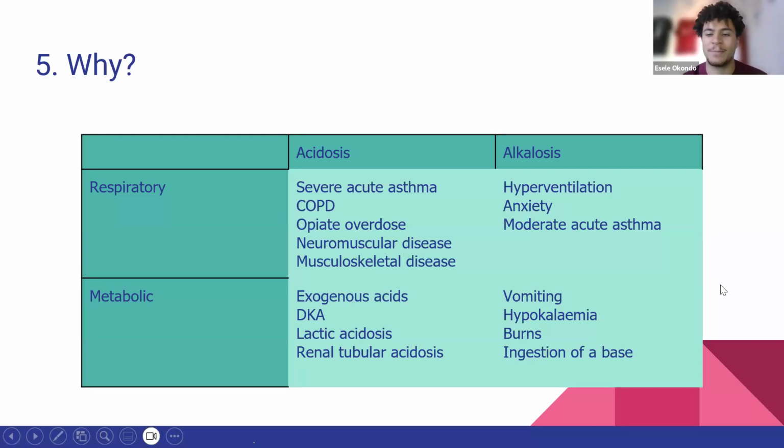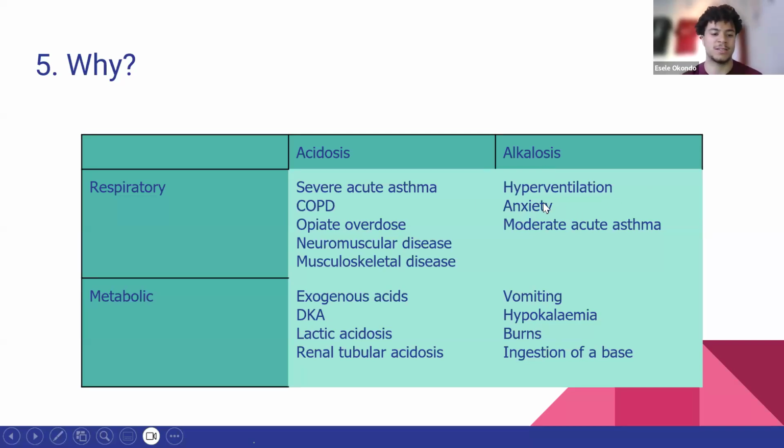Metabolic alkalosis, you'll get a patient who comes in with recent gastroenteritis or something along those lines, and you'll have a metabolic alkalosis due to vomiting out stomach acid, as well as having a hypokalemia and a hypochloremia, because you're vomiting out all of those important electrolytes for your body. Respiratory alkalosis mostly will be hyperventilation and anxiety type symptoms.